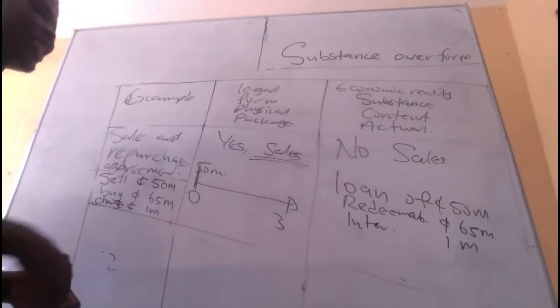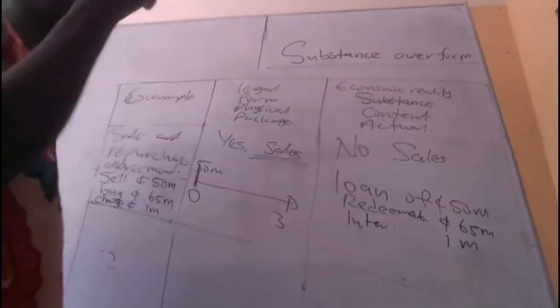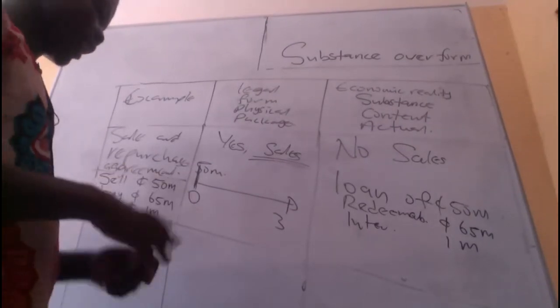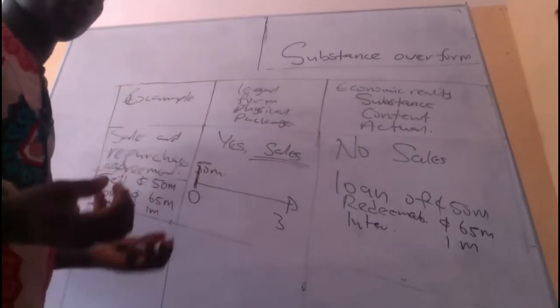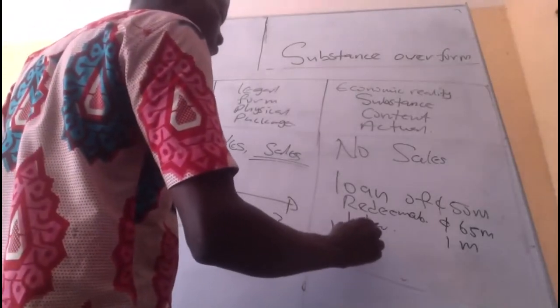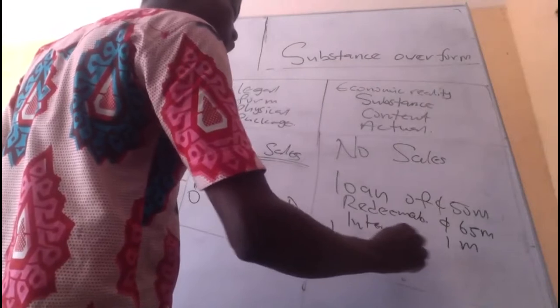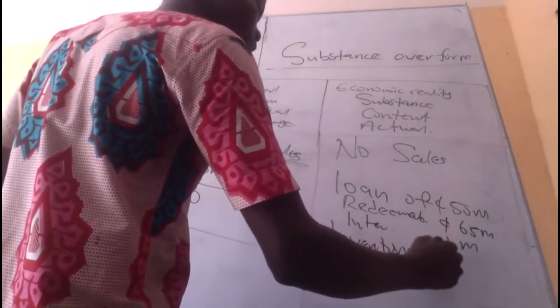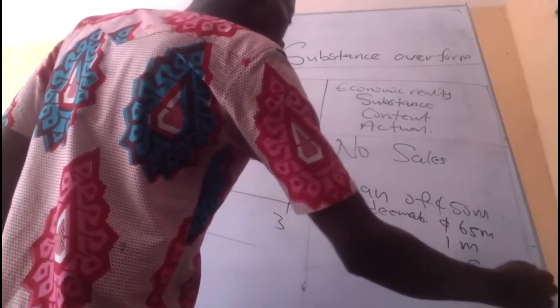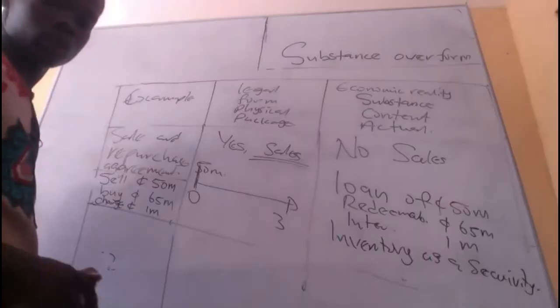So every month you are giving them 1 million, and in the 3rd month you are going to redeem at 65. You are going to pay back 65 to redeem your assets, using your inventory as collateral, as a security. Good, as a security. So that is it.